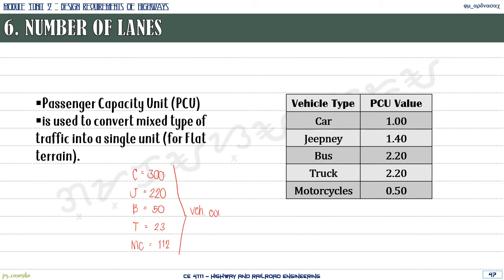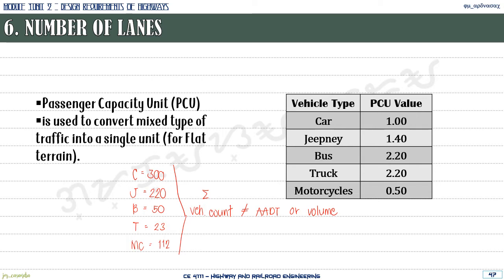So this one now is our vehicle count, and the sum of your vehicle counts is not equal to your EADT, or the volume of the road section.